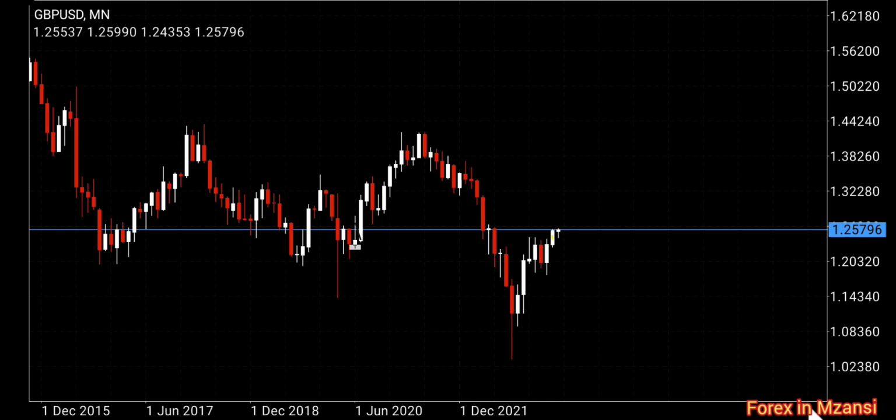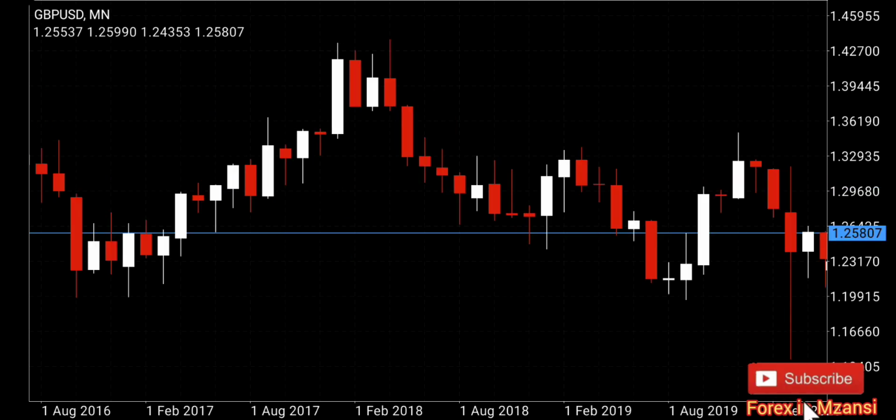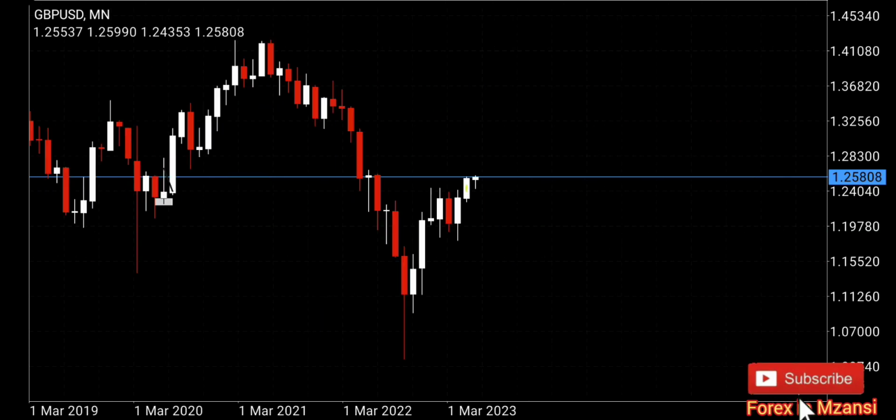It will make your life easier if you get the bigger picture first, then drill down from there, so that by the time you get to a smaller time frame, you know how the other time frames look, and you know whether you've got more chances trading to the downside or to the upside. So this is what we have on our monthly chart.